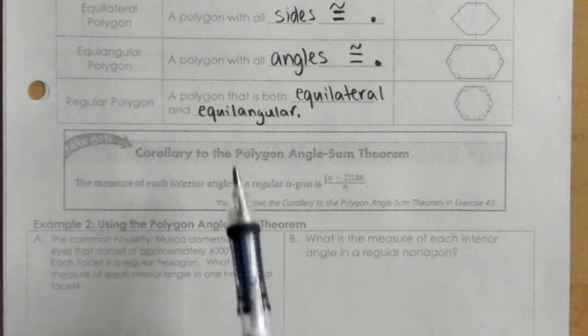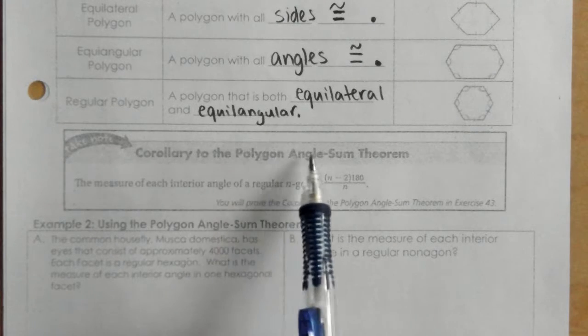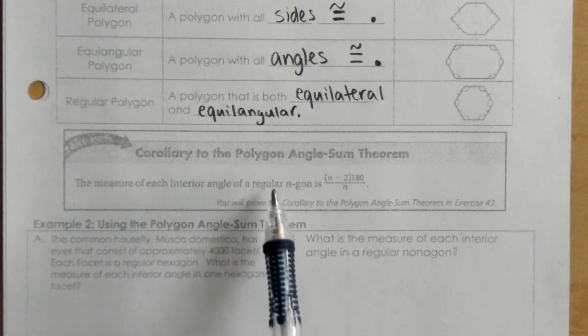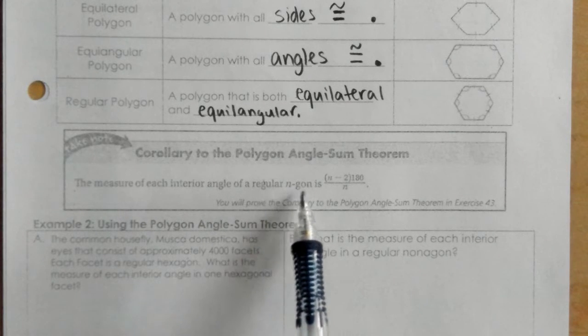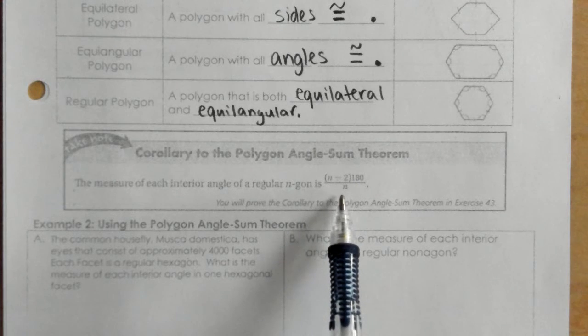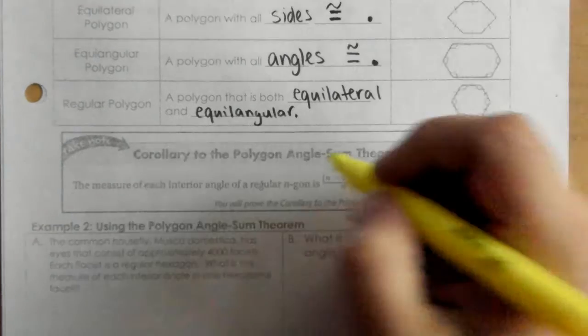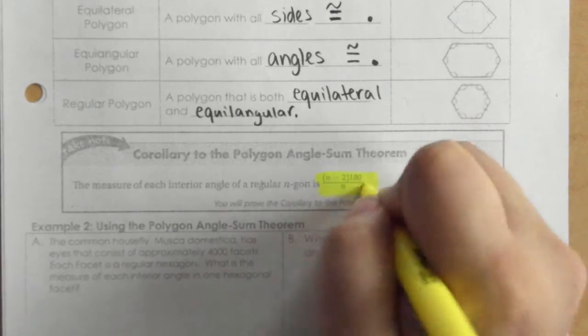Okay, then for the second example, this says a corollary to the polygon angle sum theorem. The measure of each interior angle of a regular n-gon is n minus 2 times 180 divided by n. Again, n stands for the number of sides.